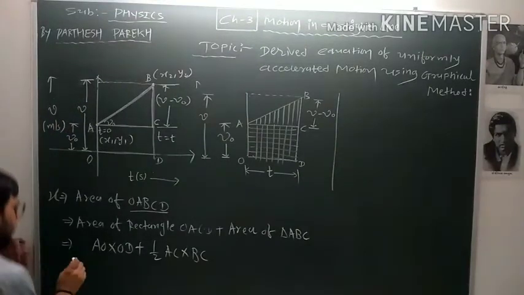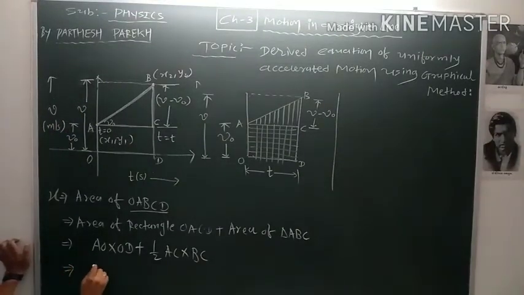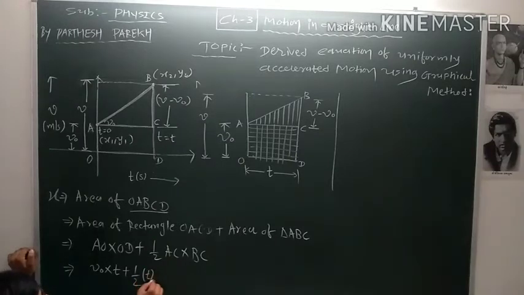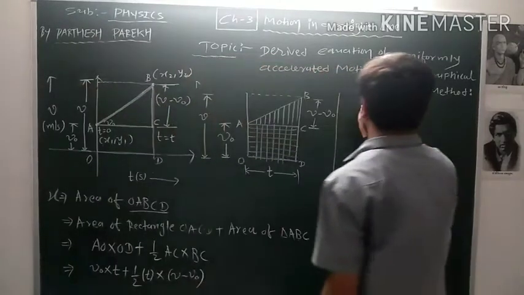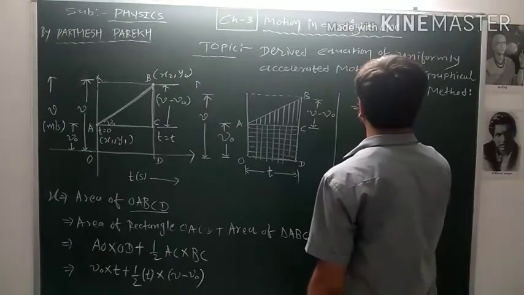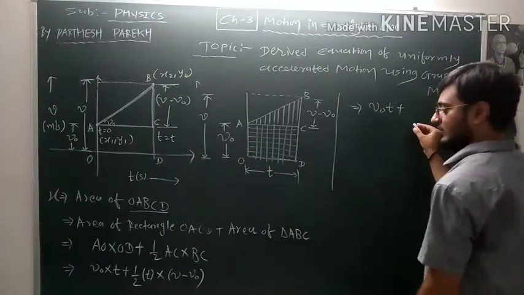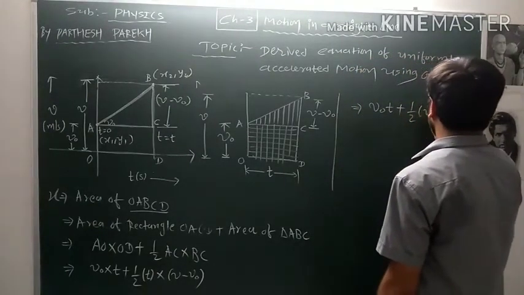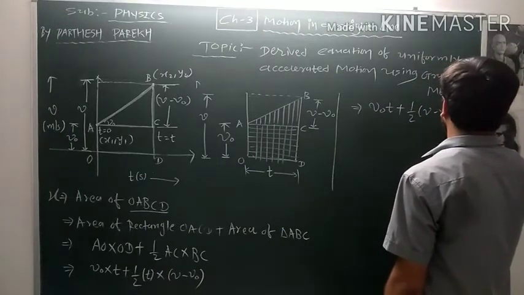AO is v naught, OD is t, AC is t, and BC is v minus v naught. So we can write v naught t plus half v minus v naught into t.